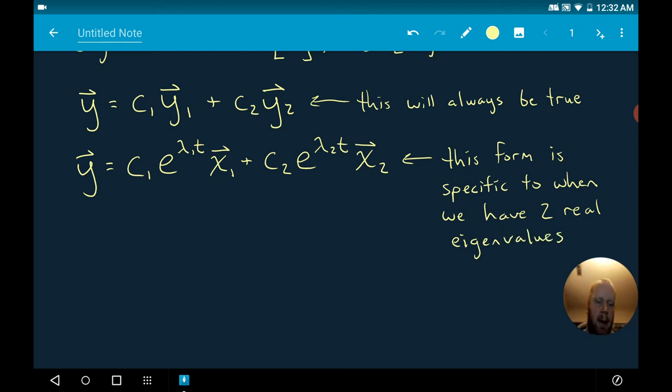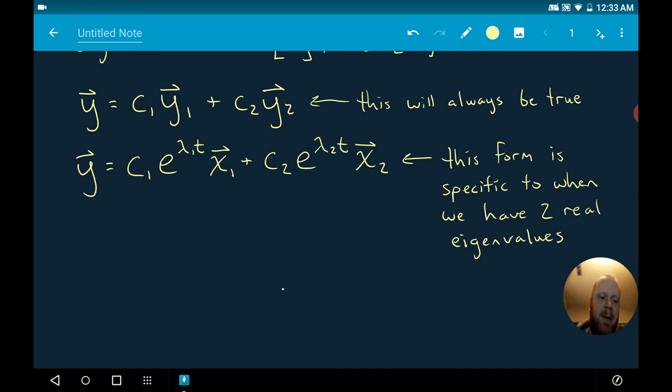Just like in the third chapter when we had different forms for our general solution depending on whether lambda was repeated or maybe lambda was going to be a complex number, we'll see the same thing. This is the basic form when we have two real eigenvalues.